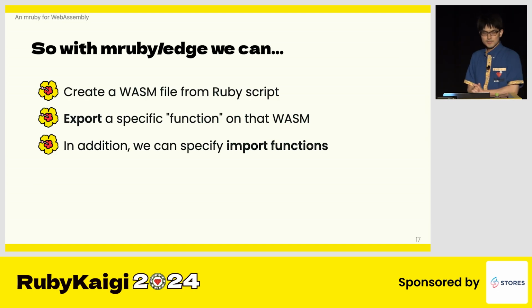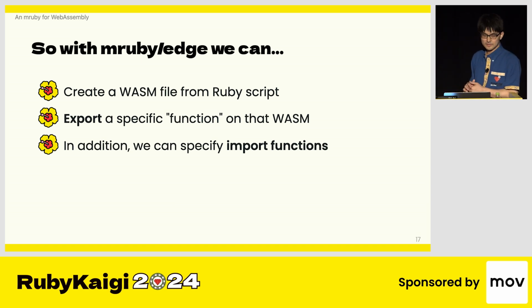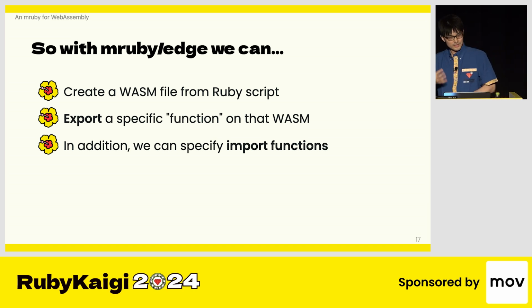So you can use mruby Edge both on the server side and in the browser as one WASM binary. This can export specific functions, and in addition, we can specify functions to import for that WASM file.